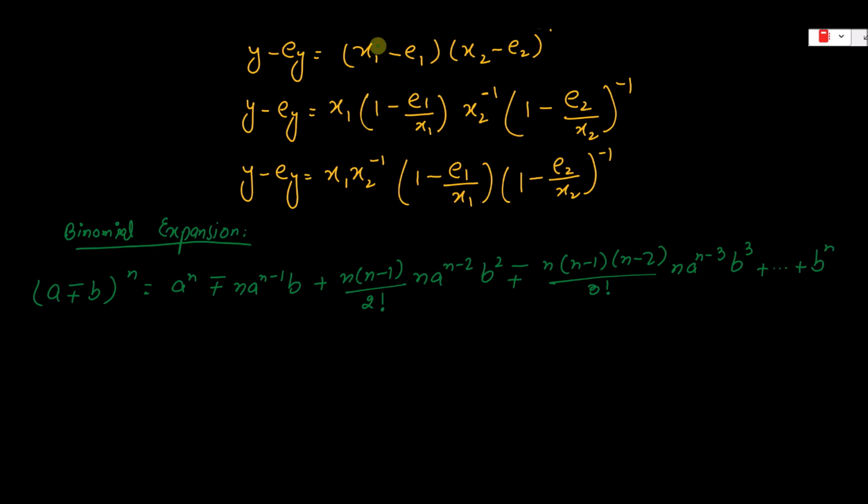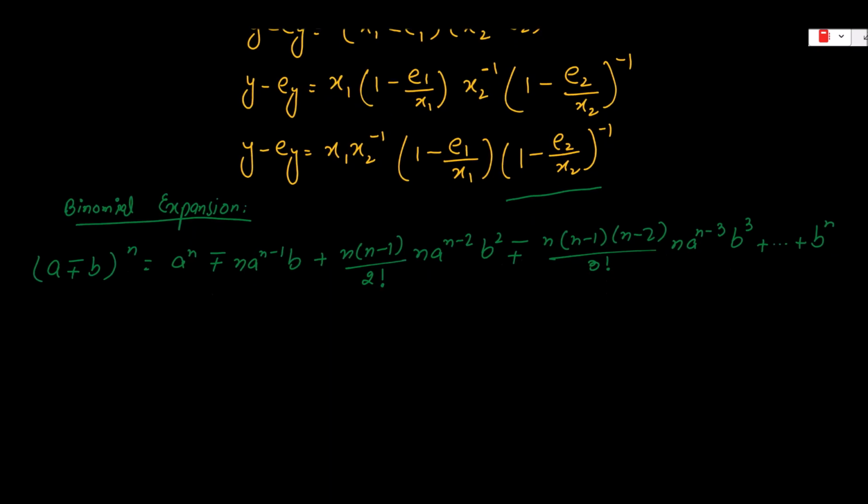Now we are going to expand this according to this formula. First of all, we are going to expand it and then we are going to back substitute it into this equation. So we have 1 minus E2 over x2 raised to negative 1. So we are going to use the negative sign formula of binomial expansion. For that case, this 1 is our a, this whole term is our b, and this negative 1 is our n.